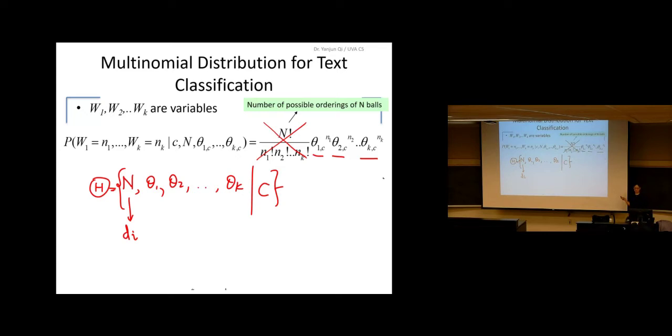Question about this? And this is how you get the joint probability, right? The joint probability has this scalar, because it's not relevant to C. And when we're performing classification, what we do is argmax over C of P(W1 equals N1, ..., WK equals NK, conditioned on a specific C) times P(C).